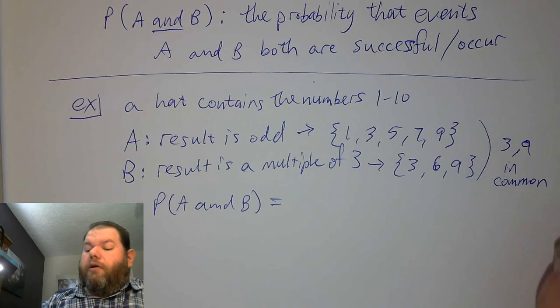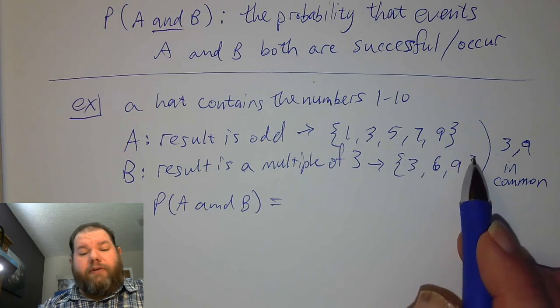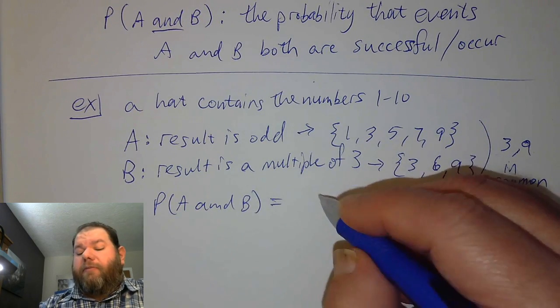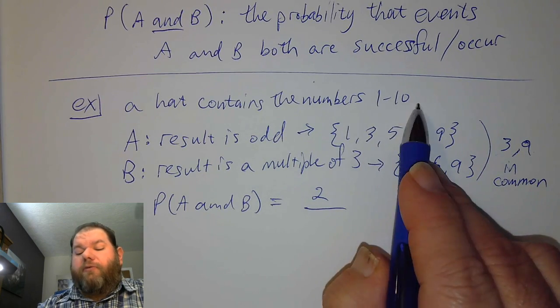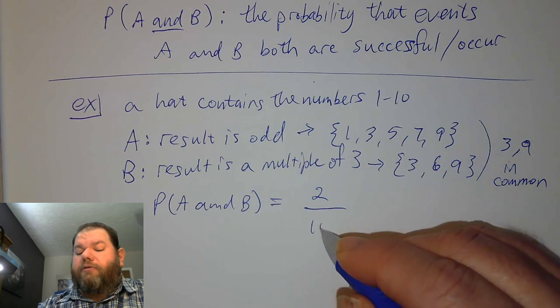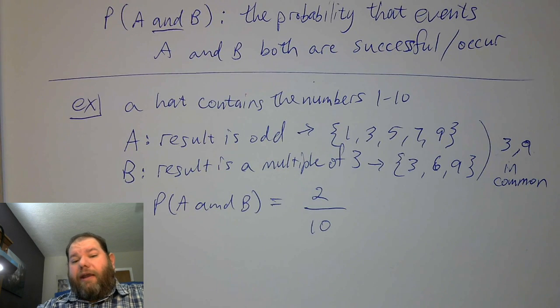So there are two different numbers for which both of these would be considered a success at the same time. Out of how many possible numbers? Well, we have 10 total. So there's a 2 out of 10 chance both events A and B would be successful simultaneously.